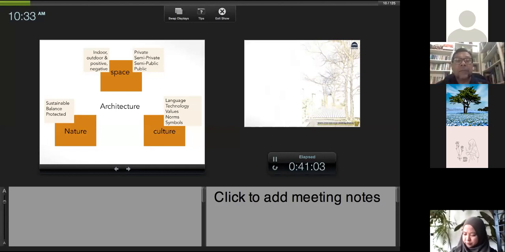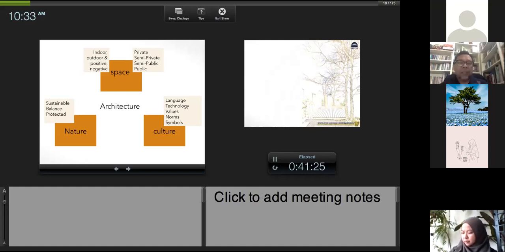And culture, as we mentioned just now, we have language, technology, value, norms, symbols. I can't describe many here. I think we need to have someone from social science or humanities to talk in detail if you want to know the components of culture.